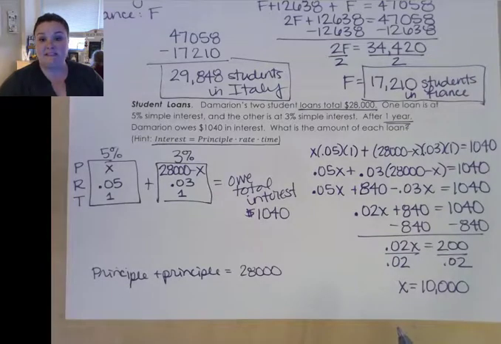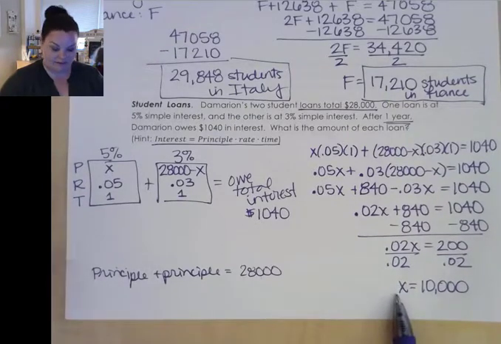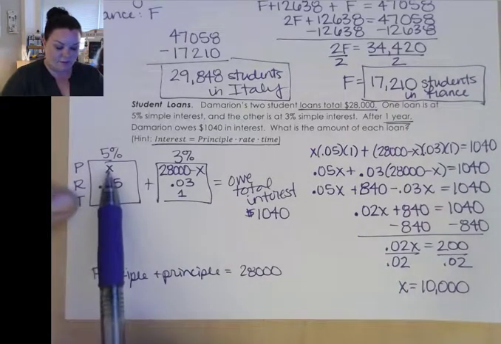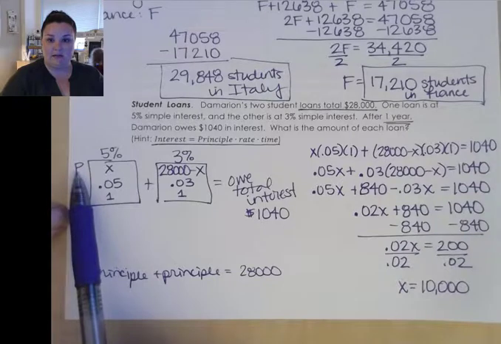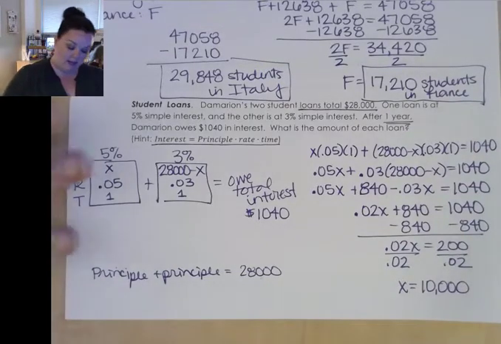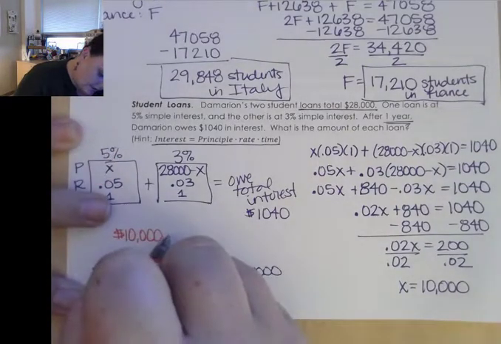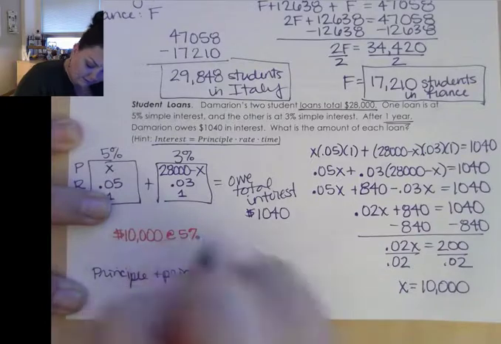So let's go back and see what it is we just solved for and what the problem is asking us. So we found x to be 10,000. If I go back over to my picture, x was representing how much money I took out in this first loan. So that means that I borrowed $10,000 at 5%, right?